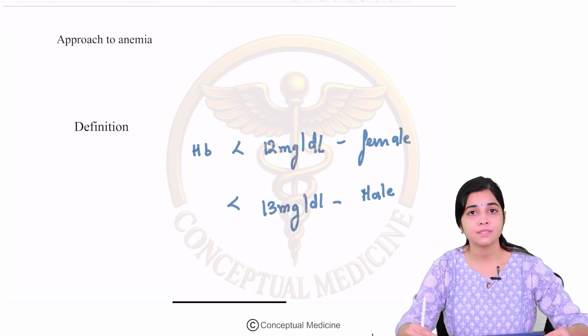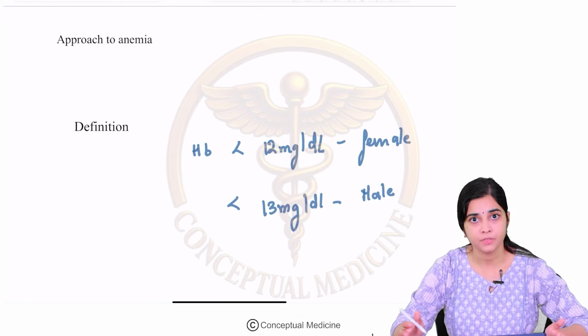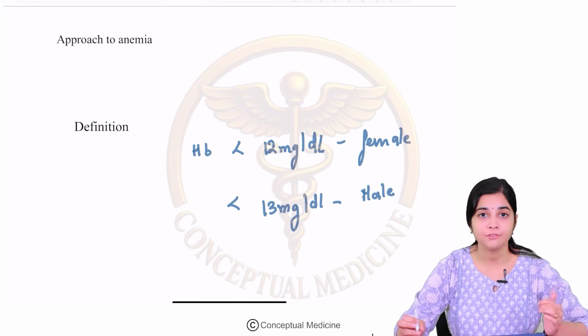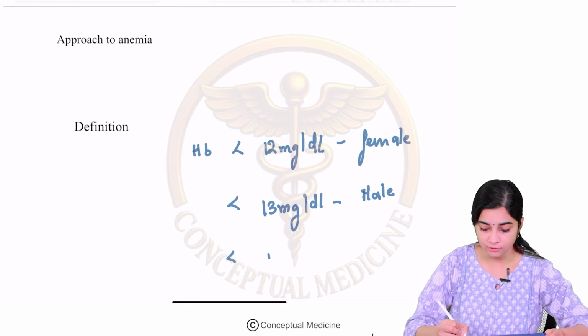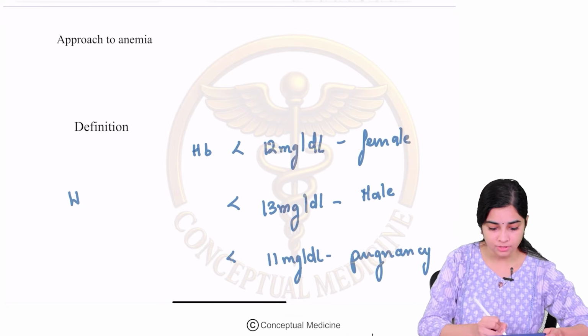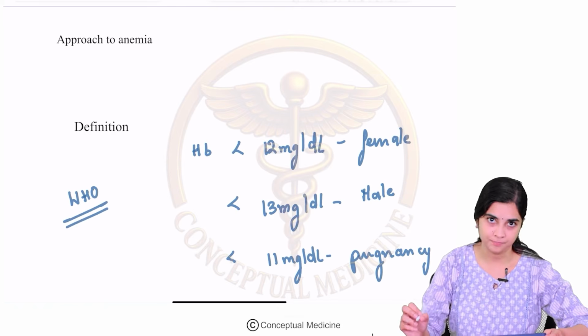Okay, so this is the cutoff that we should be aware of. Less than 12 in females and less than 13 in males, and if you take a pregnant female, then the cutoff is less than 11 milligram per deciliter in pregnancy. Okay, so this is how WHO defines anemia.